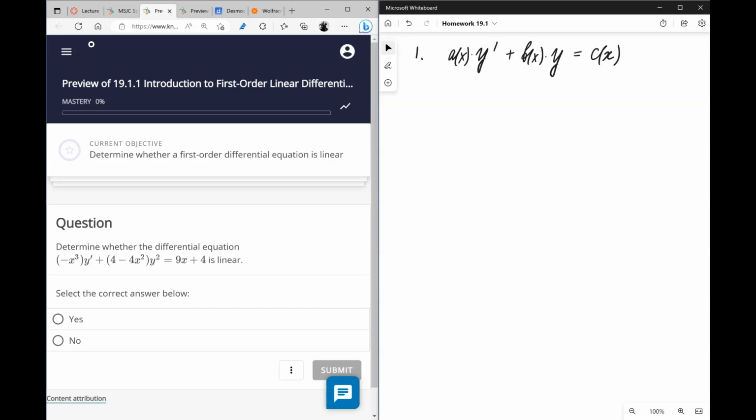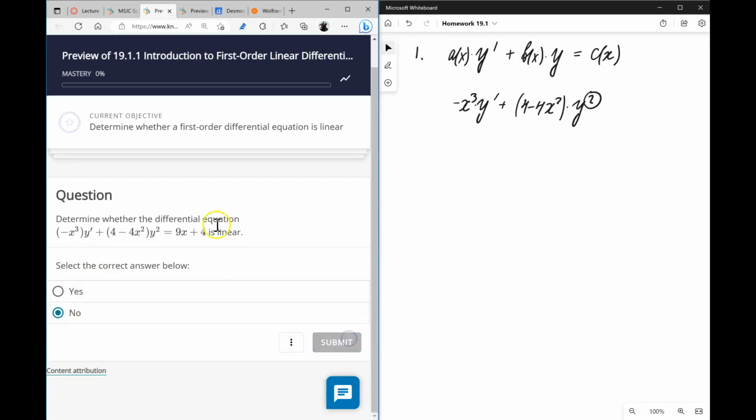So only those equations that can be written in this form are considered to be linear, and in this case we see that if you have something times y prime plus something times y squared, this is what makes it a non-linear differential equation, so the answer is no.